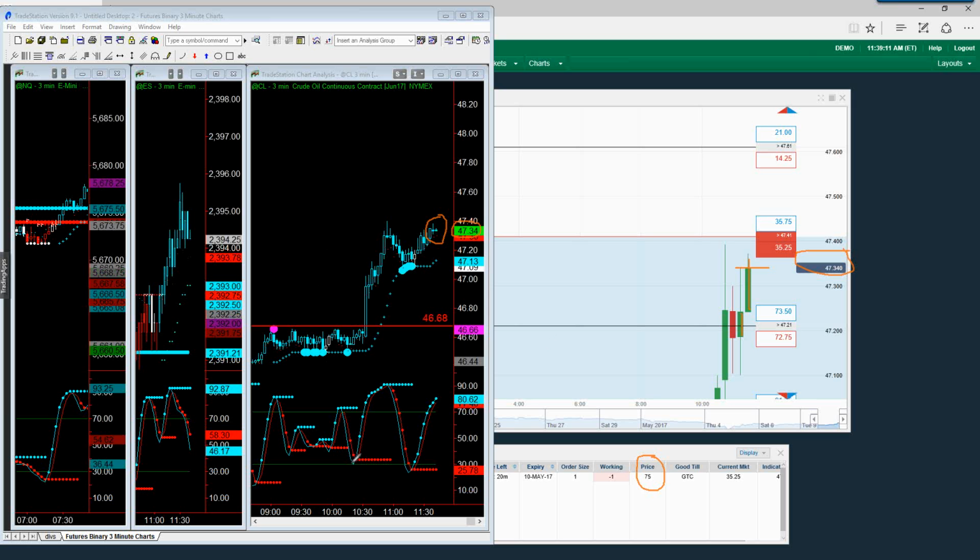And it's a great example on crude this morning. There was hidden divergence right here at this ATR, and that was at least 30 minutes before the market report came out. So, were professionals biased to the long side?